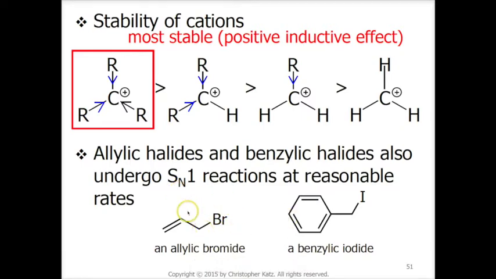So for allylic halides, if you have a strong nucleophile, it will act more like an SN2 reaction. But if you have a gentle or weak nucleophile, it will give you a lot of SN1 type qualities.